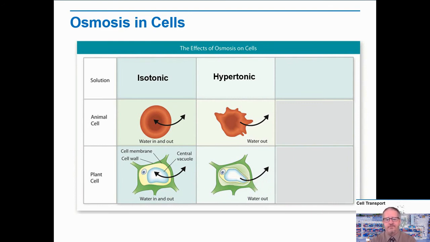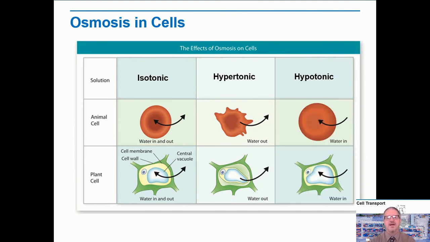All right. Now, the third possibility here is hypotonic. And this, of course, is where we have a lower solute concentration on the outside of the cell. So when we have a hypotonic solution, we get a net movement of water into the cell, and this causes the cell to expand.